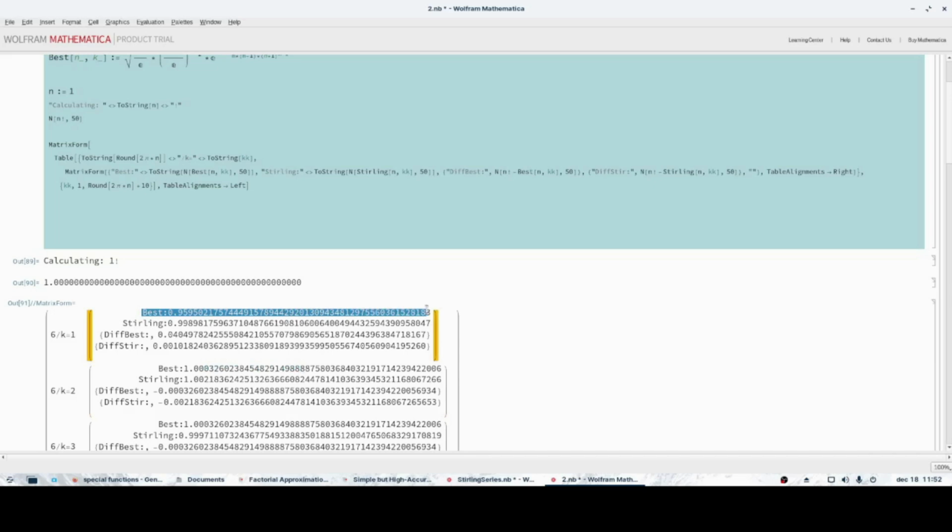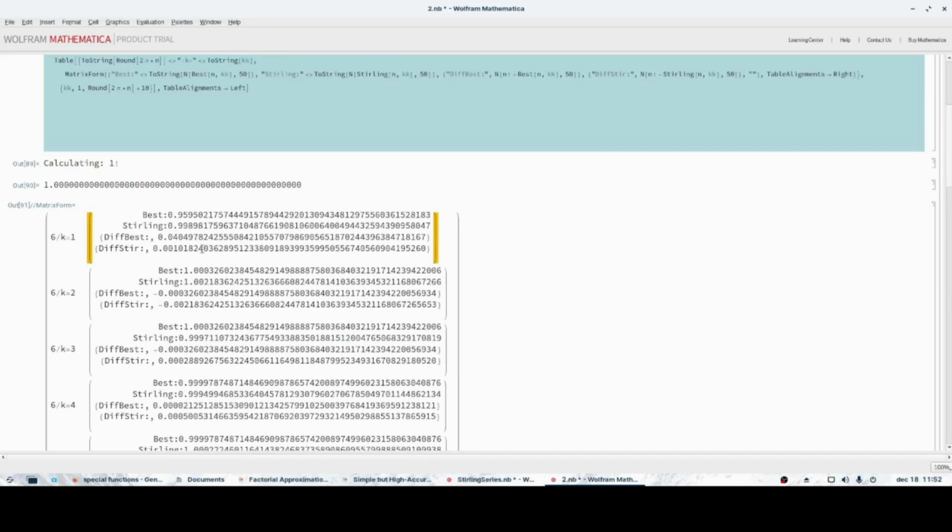The first line is my formula, the second line is Stirling's formula, which in this line seems to be better, but wait a minute, not so fast. And these are the differences between the n factorial and the formulas. So the difference is 0.0, and here with 2 decimals is the approximation.